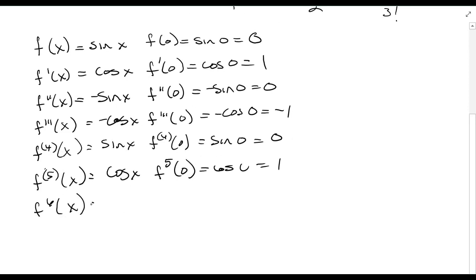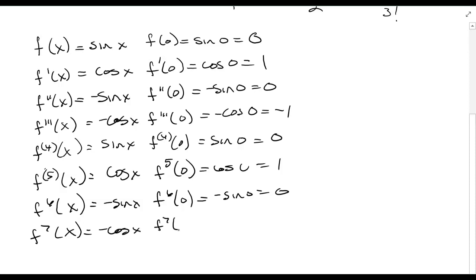You don't have to, but if it's the first time you're going through this, it might be helpful. And I said, let's go to 7, so let's do one more. The seventh derivative is going to be negative cosine x, so f to the 7th of 0 equals negative 1.